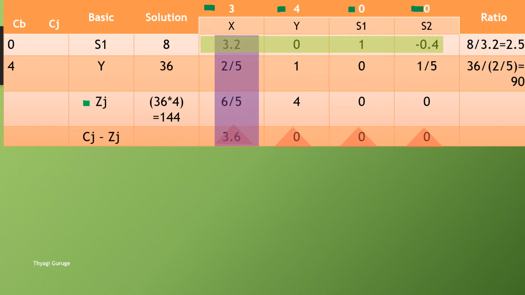So the lowest ratio is 2.5. Therefore, the intersection point is 3.2. That is our pivot element. So here we identify our leaving variable as S1 and entering variable as X.